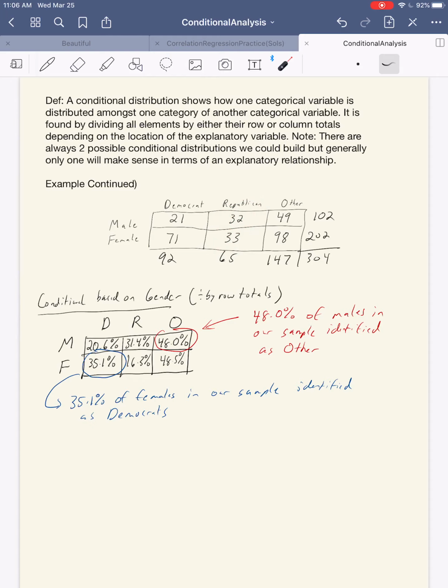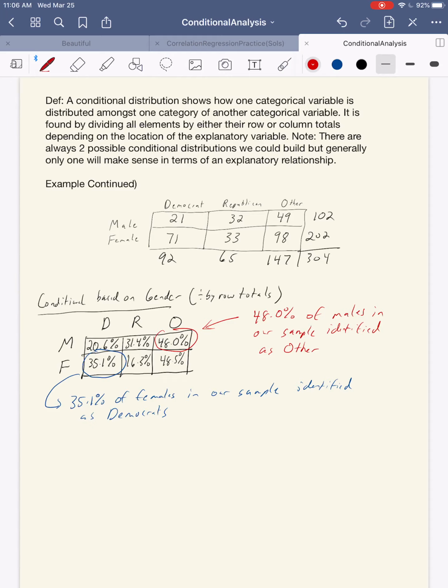But you have to remember that 33 female Republicans were out of 202 females overall, whereas the 32 male Republicans were out of 102 males. So there were about 100 extra females, but only one extra female Republican. So that shows why we're getting such a lower percentage here as opposed to there.